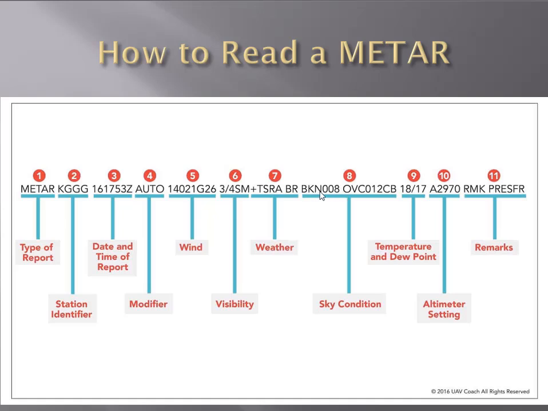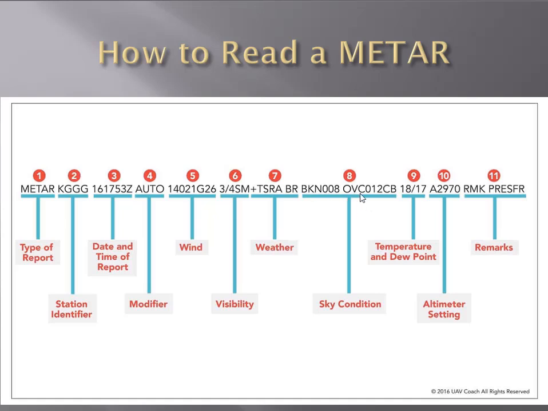So here, 008 means that this is actually a ceiling height, because broken or overcast clouds will denote a ceiling. Scattered or few clouds do not indicate any kind of ceiling. So here, this is a ceiling at 800 feet. This would indicate IFR conditions at this airport.